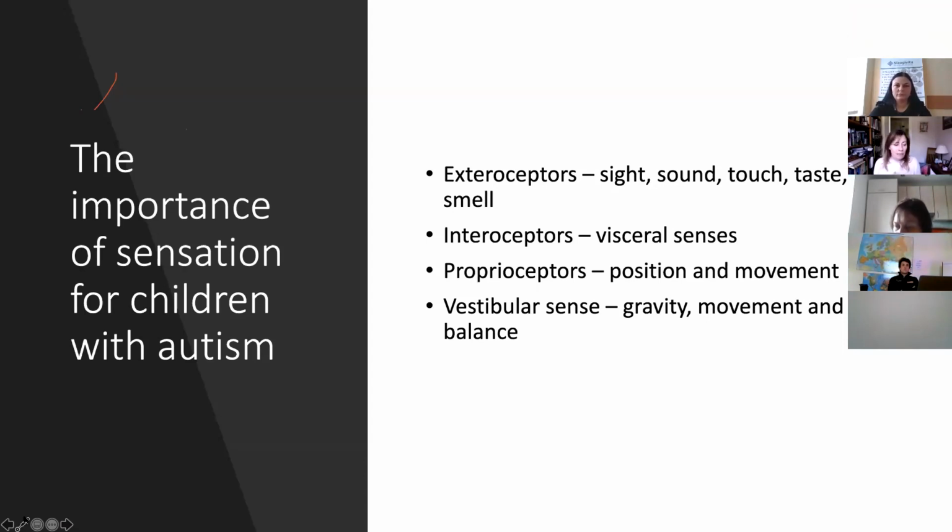Interestingly, a number of years ago, I lost the end of my fingers in a sailing accident. And I was talking to our occupational therapy students about our proprioceptors. And I said to them, if you close your eyes, your proprioceptors allow you to find the end of your nose. But because in my brain, the image of my body had my fingers at normal length, but actually the reality was that my finger was slightly shorter, I totally missed my nose and poked myself in the eye.